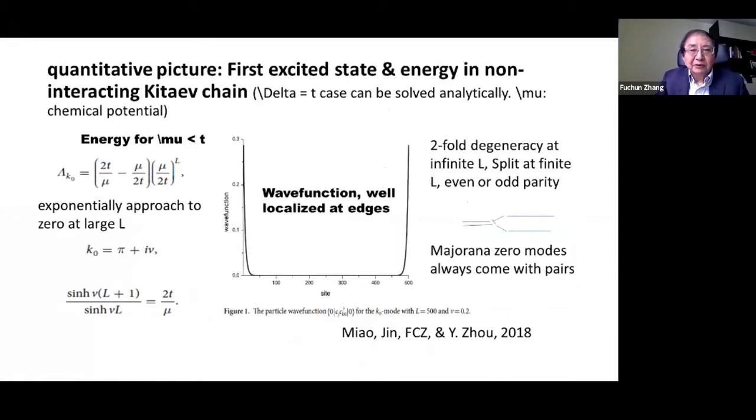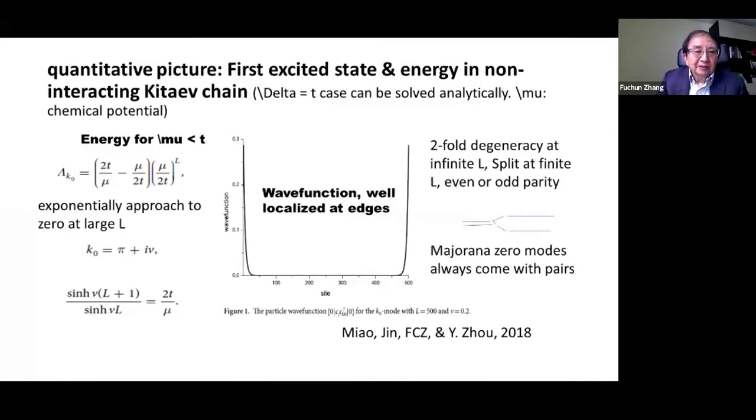The one-dimensional system can be studied in many ways. In any parameter regime, it can be studied by renormalization group or DMRG, density matrix RG. But there's a special case, when the pairing delta equals the hopping T, which can be studied analytically.